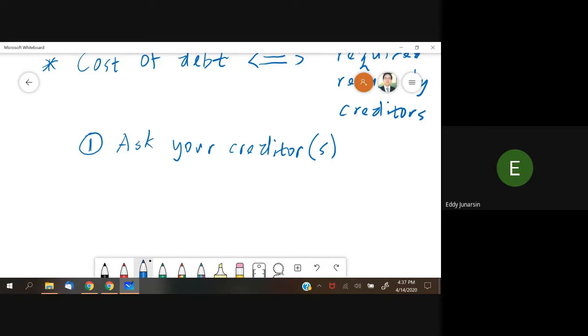Okay? So maybe the second approach would be to estimate the cost of debt by yourself by using comparables, right? Have comparisons. So for example here, right? So you don't want to ask your candidate or potential creditors, but you try to estimate by yourself.